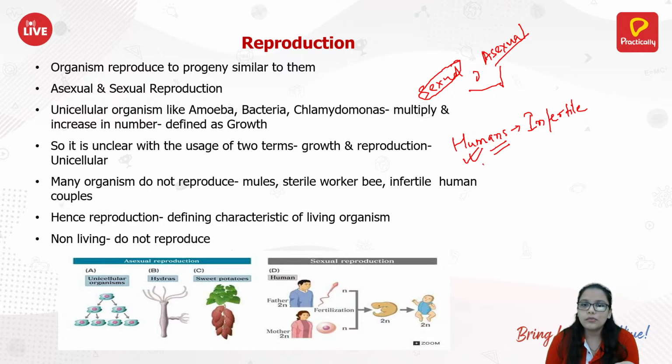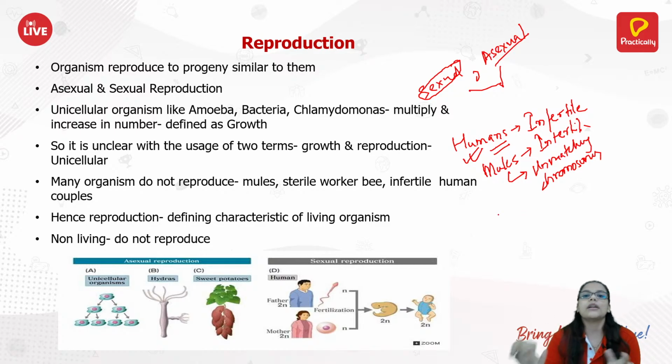Same thing happens to mules. A cross of donkey and horse. These are also infertile in nature because they have unmatching chromosomes. So due to these unmatching chromosomes, mules cannot give birth.